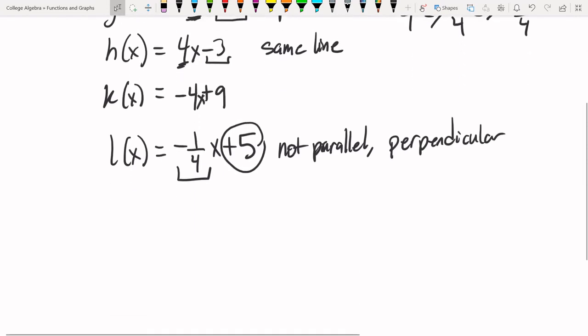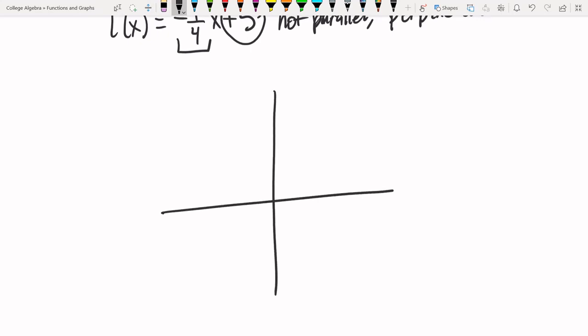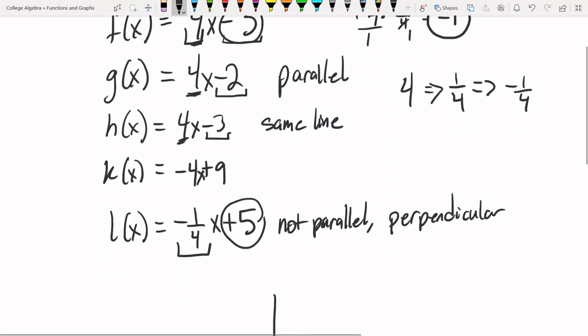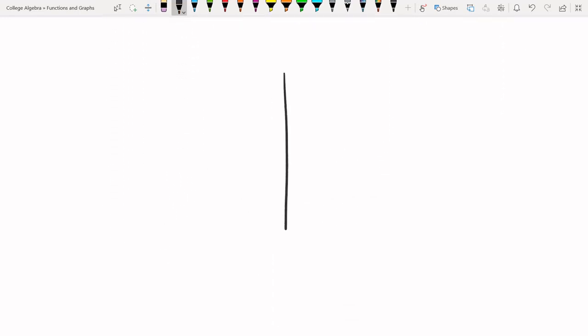To kind of show you this graphically, if I have a line here, I could graph this line up here, 4x minus 3. Let me draw this a little bit better then. 4x minus 3, we go down to negative 3 first. Then 4x says we go up 4. 1, 2, 3, 4. Run 1.